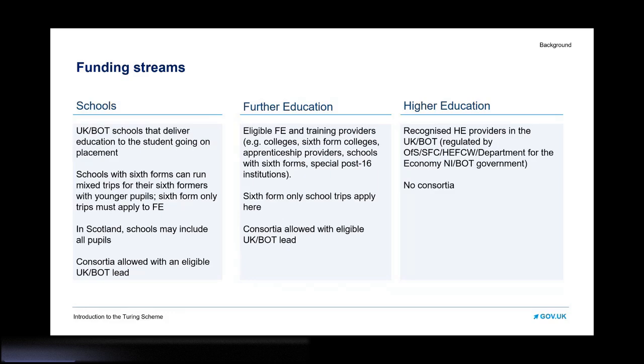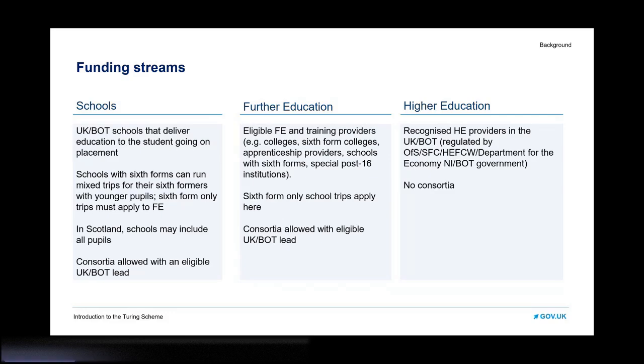If you have a group that is composed only of sixth form students, those trips must be applied for under further education. In Scotland, schools should use the schools stream for all pupils. Consortia applications are allowed to apply for schools and further education funding with an eligible UK or British Overseas Territory lead.